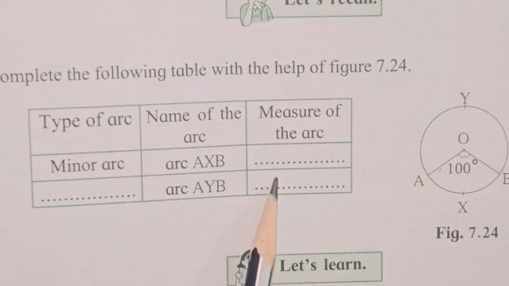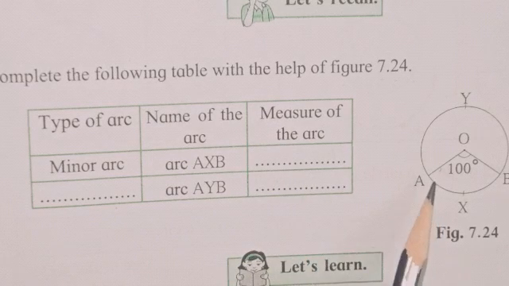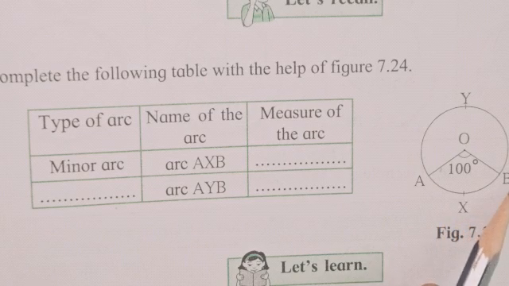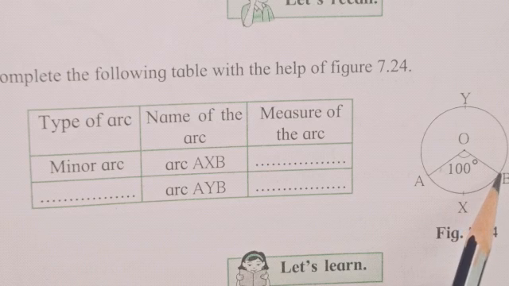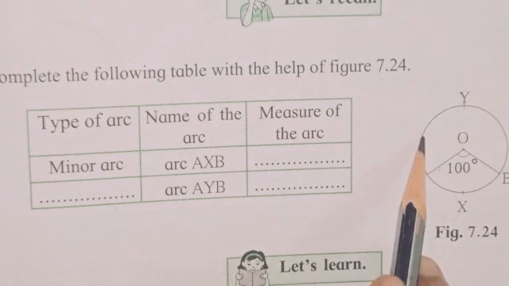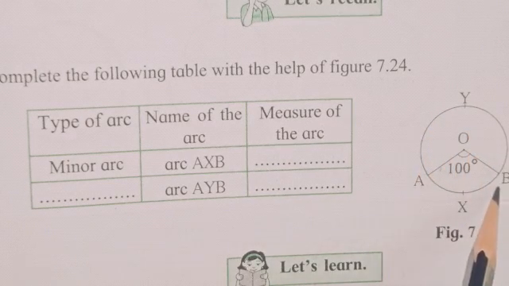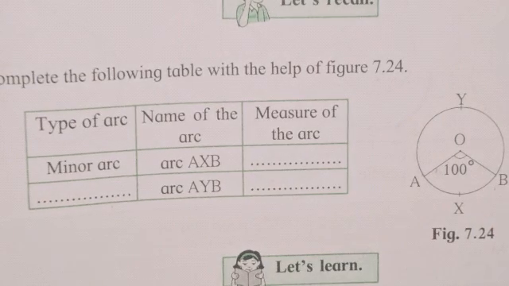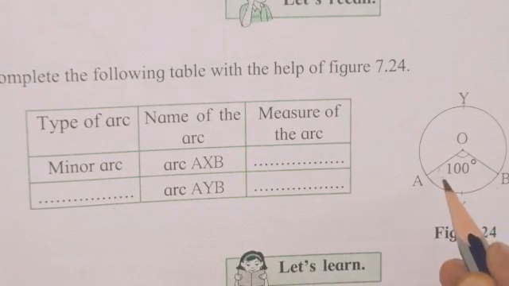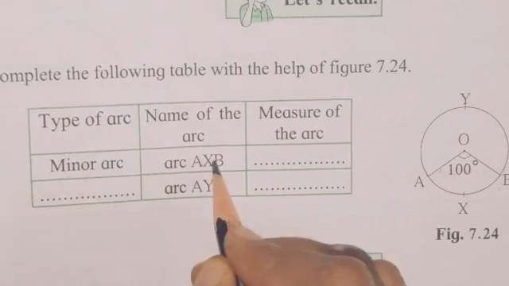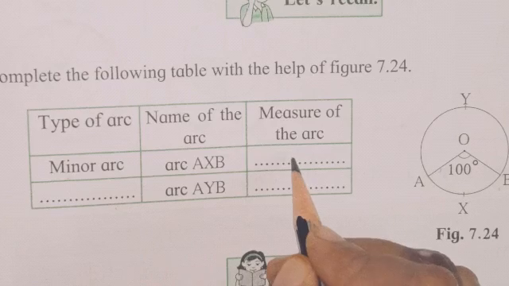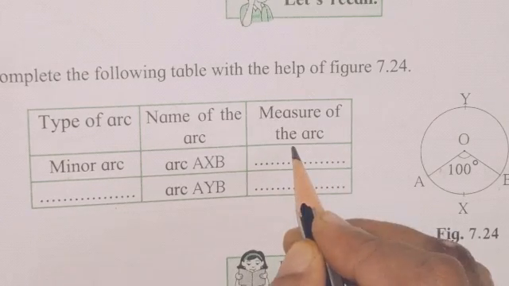Okay, so in this figure you can see that there are 2 arcs. The circle is divided among 2 arcs. One arc is arc AXB and the second arc is arc AYB. Okay, so this arc AXB is minor arc. Okay, so here we have to write its measure of the arc.